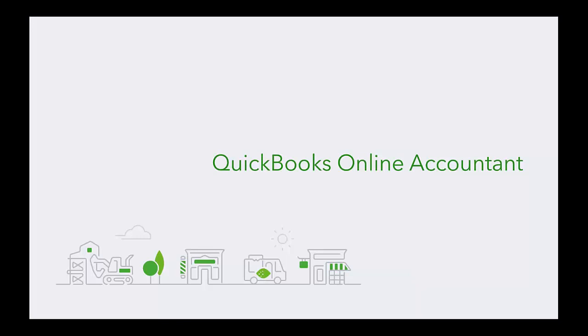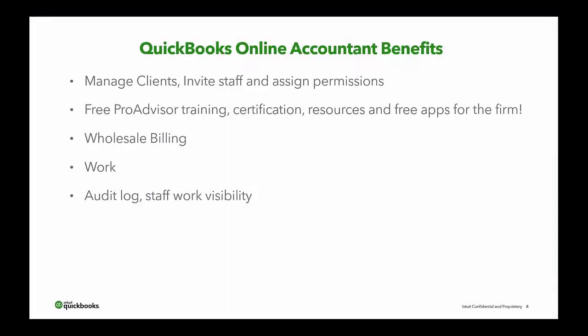That would be the main difference, other than some feature set differences between desktop and QBO, certainly around inventory and job costing. The main difference is that in desktop, you're buying the program, and it doesn't matter how many files you have. QBO is a subscription per entity, per company. But you're still managing it with this accountant perspective, this portal, if you will, QBOA.